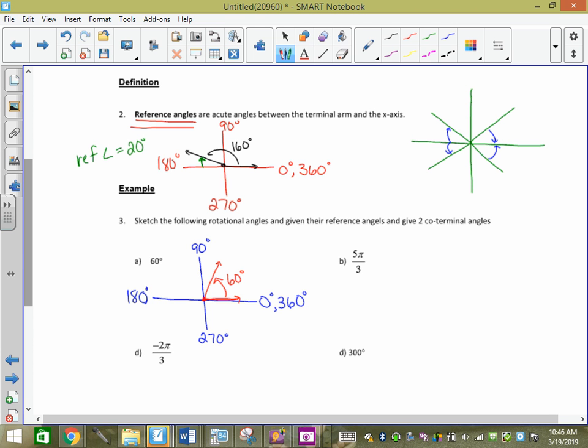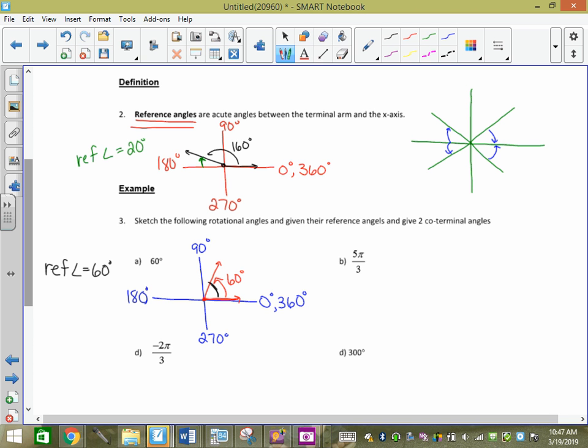Then I want the reference angle. Remember, the reference angle is the angle between the terminal arm and the x-axis. Here's my terminal arm, here's my x-axis. So from here to here, my reference angle would actually be 60.